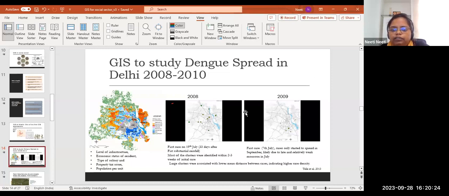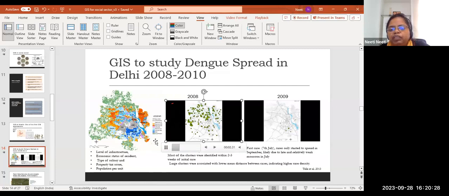And now here there are two videos. What we see here is that in 2008, the first case happened on July 17th, and within 2 to 3 weeks, all these big clusters came.